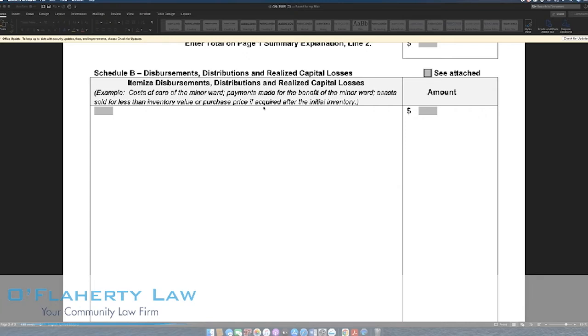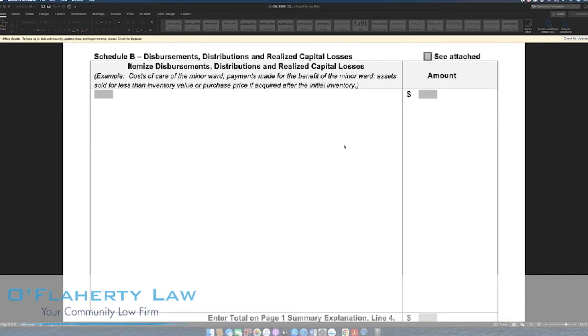So when the guardianship of the estate opened, there wasn't an initial inventory filed saying what the minor ward had. So if there's been changes to things that weren't included in the initial inventory, you need to note that. You need to explain as fully as possible everything you've done regarding paying out money or selling something that belongs to the ward.